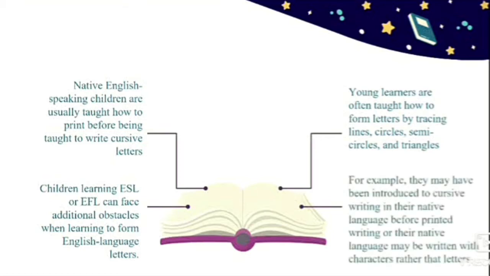Children learning ESL or EFL can face additional obstacles when learning to form English language letters. For example, they may have been introduced to cursive writing in their native language before printed writing, or their native language may be written with characters rather than letters.